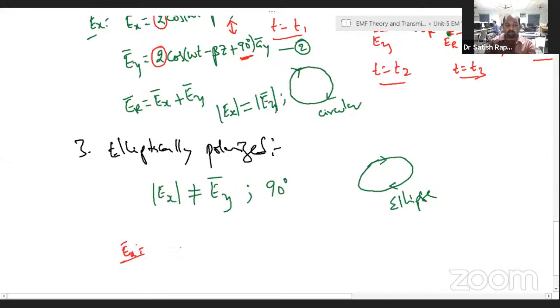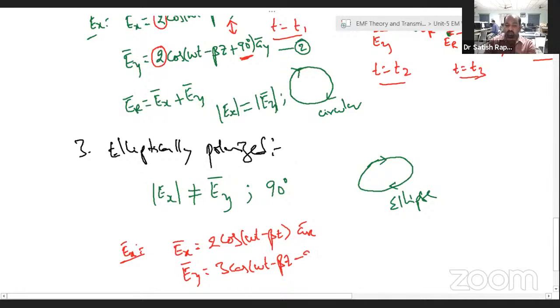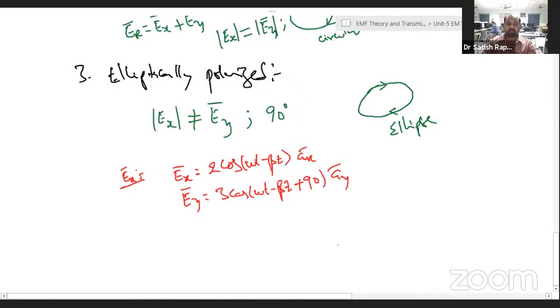So for example, if Ex bar is equal to 2 cos(omega t minus beta z) Ax bar, and Ey bar is equal to 3 cos(omega t minus beta z plus 90) Ay bar, then the wave is said to be elliptically polarized.